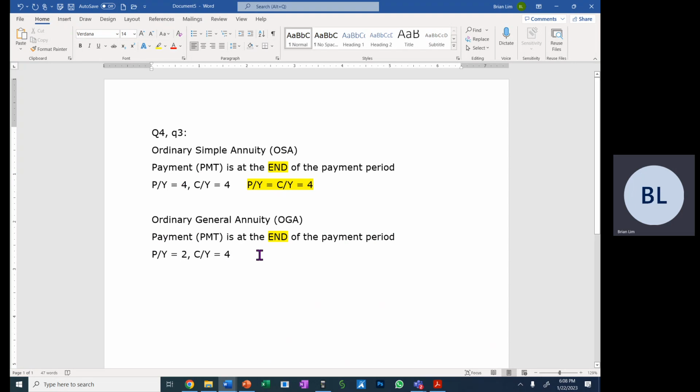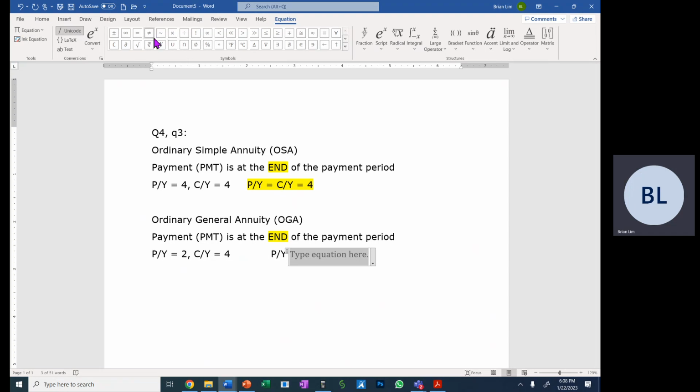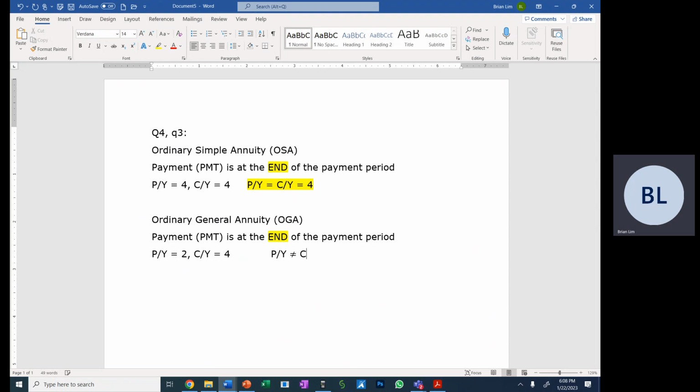So what do we have? Well, we have that PY is not equal to CY, because PY is 2 and the CY is 4. So they are not equal.